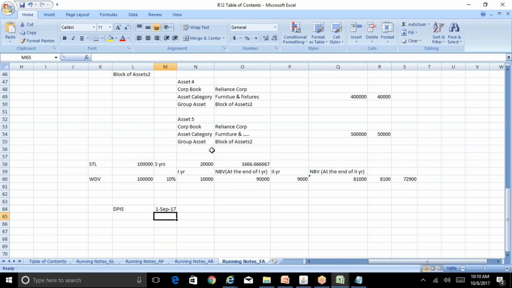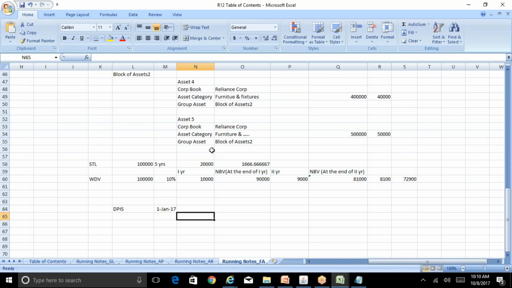So even today you can create an asset with a date placed in service of 1st of January 2017. You may ask, how can I put a date placed in service of 1st of January 2017 when all those periods are already closed? Now we are in October, and October is the only period which is open. Then how does the system calculate the depreciation and charge that?